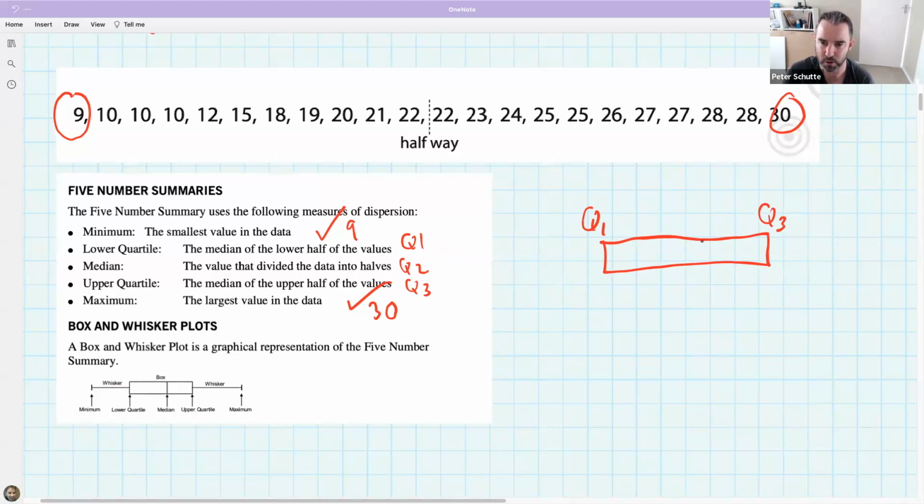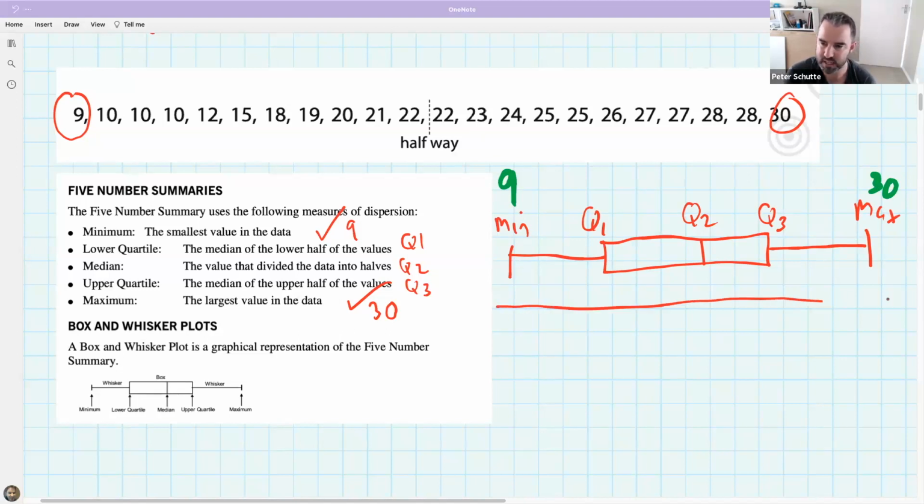Inside the box, there's a line, which is the value of Q2. It's called a box and whisker plot because on the right-hand side, it goes out to a whisker, and then it goes to a maximum value. On the left-hand side, it goes down to the minimum value. So in this case, the minimum value would have been 9, the maximum value would have been 30. But what we normally do is have a number line beneath the box and whisker plot so that we don't have to write numbers onto the plot.